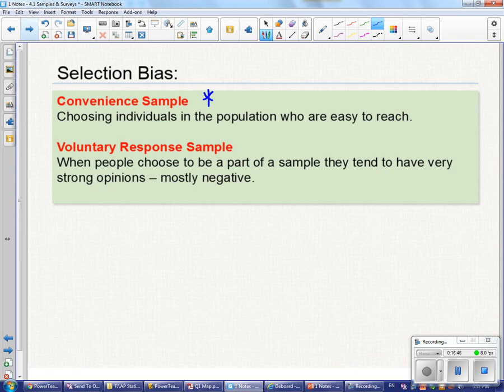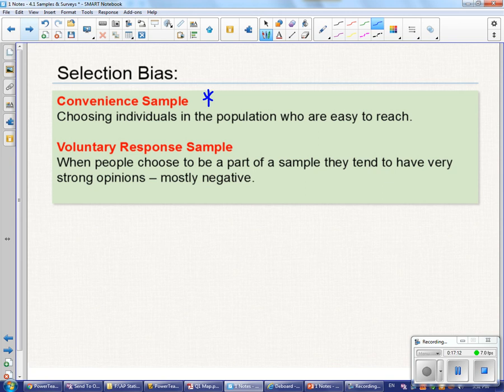So, for example, let's say I work for the airlines and I'm interested in customer satisfaction, but I'm only interviewing customers or individuals that come off flights for Southwest, and I'm not really looking at Delta or American Airlines, and I'm only looking at passengers at one airline or one airport, that would be a convenience sample.